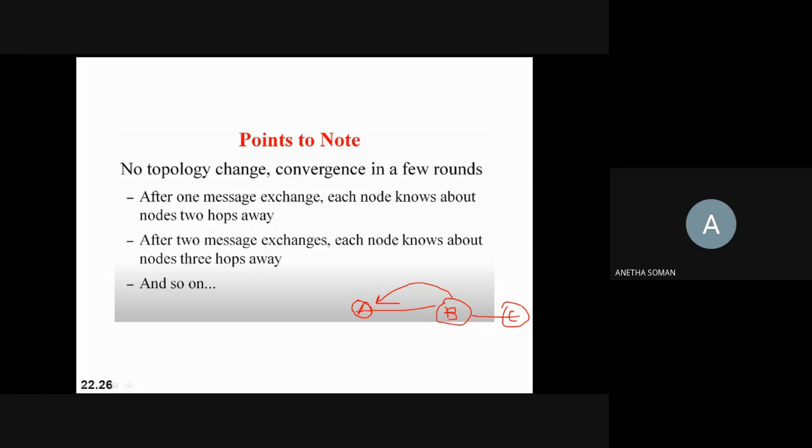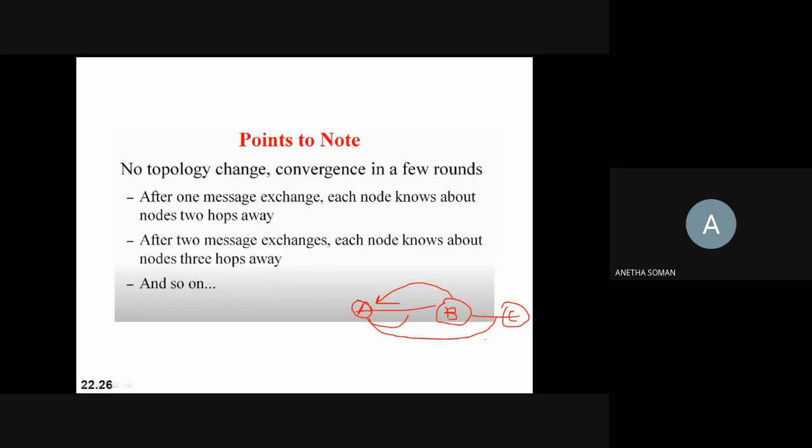I mean, C exchanges its information to B. So A will get the information of C in 2 hops. That is, this is one hop, it will receive B, and whatever is there in C will be received in the 2 hops. So each node knows about the nodes 2 hops away after one message exchange.